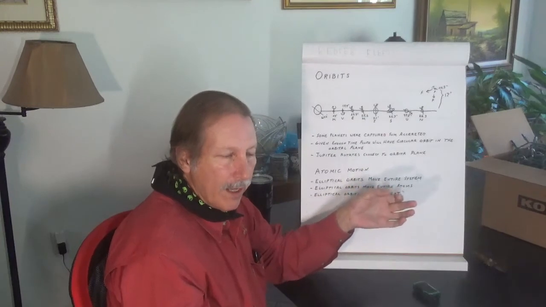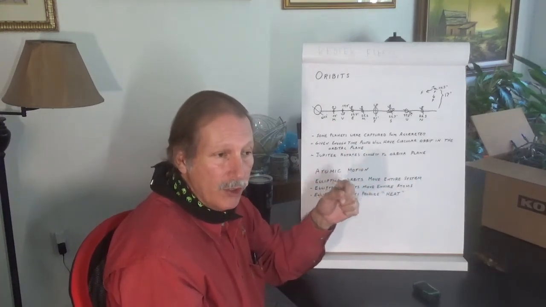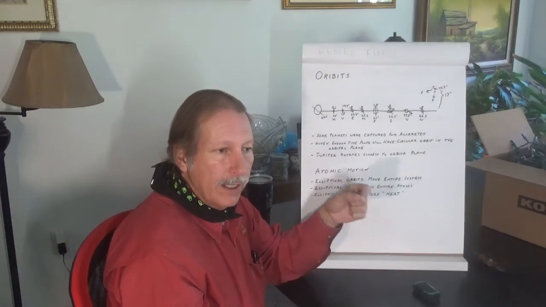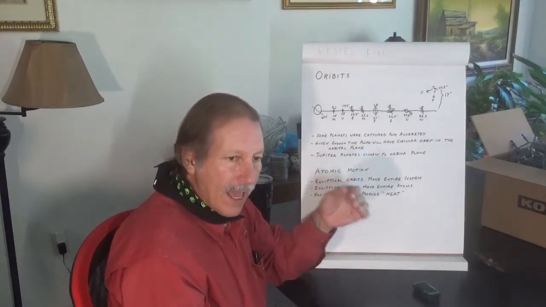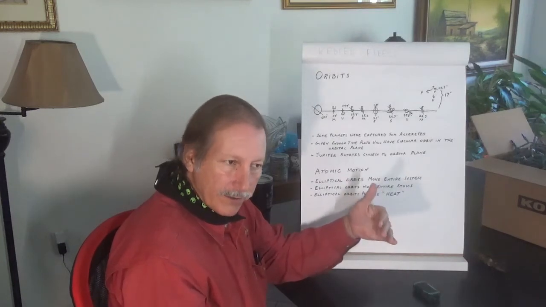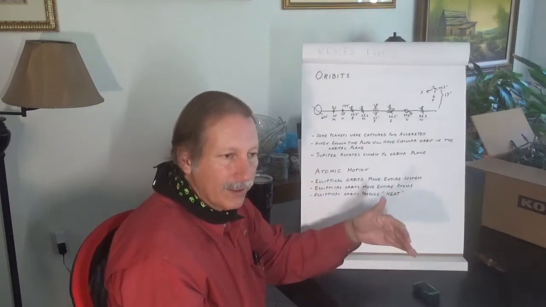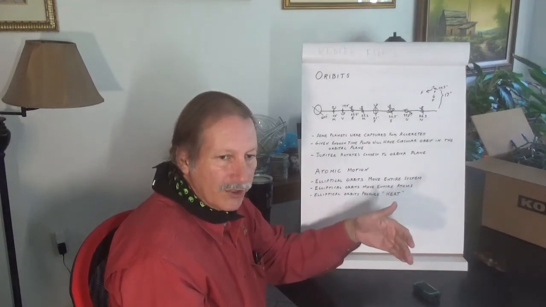Well, what do we call that? It's called heat. So one of the ways that you induce heat into a material is introducing elliptical orbits into the material, and then that elliptical orbit causes motion, which in turn causes vibration or bouncing in the material, which causes heat.